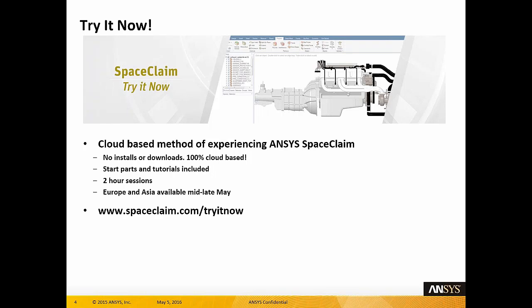What's cool is with SpaceClaim Try It Now, all you have to do is share with them a link, in fact, right to the SpaceClaim website. You can click a button, and in, I want to say, 30 to 60 seconds, you can try SpaceClaim directly in your browsers. This is a great way just to let others experience and figure out whether SpaceClaim modeling would make a big difference in the way that they do their jobs today.